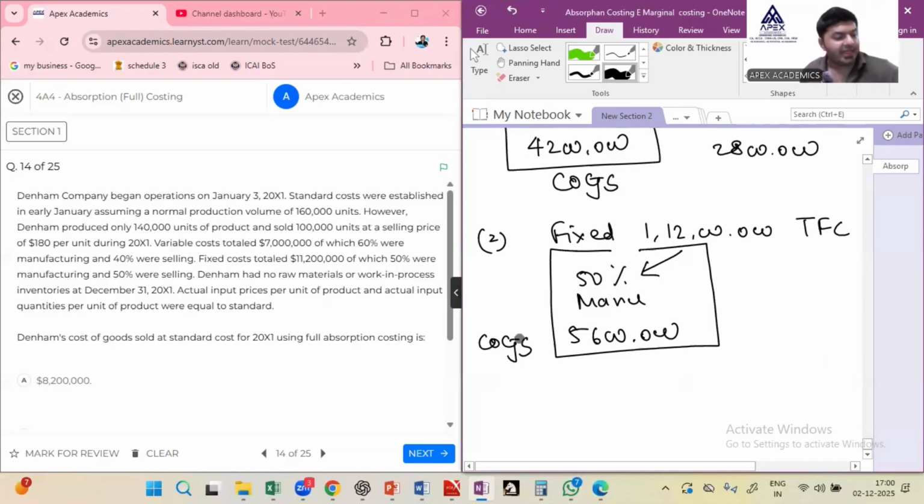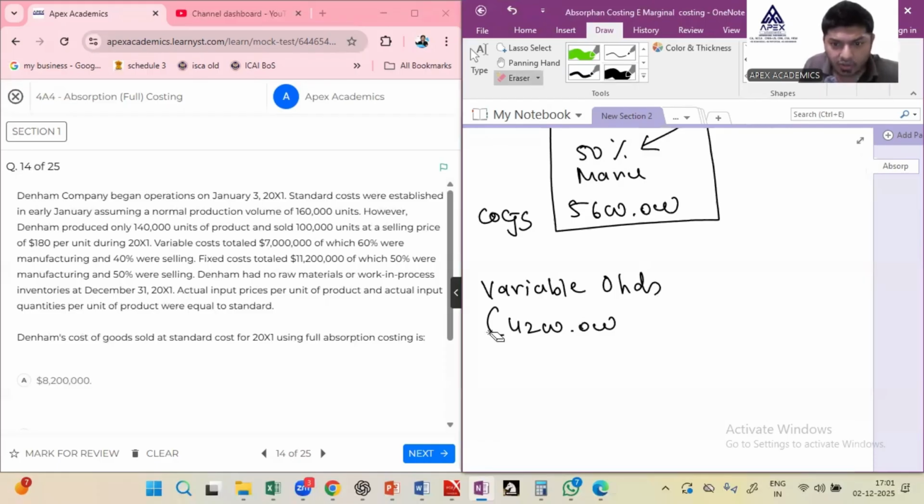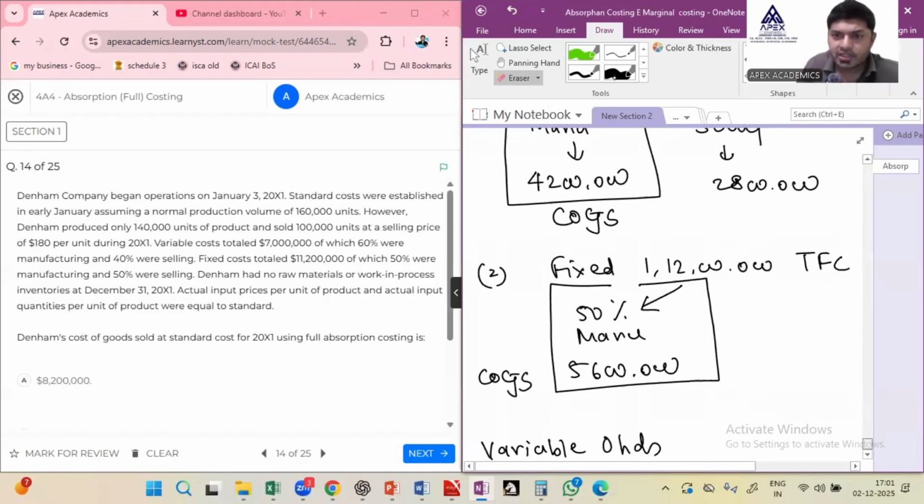Now here I need you to pay keen attention. First of all, you need to understand that your variable overheads are going to be 42 lakhs. So this entire variable overhead of 42 lakhs is going to go to your COGS.